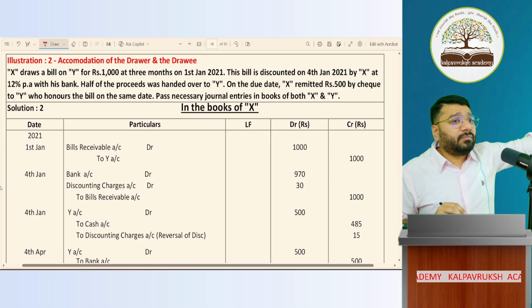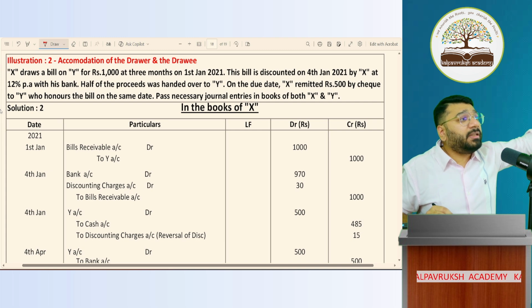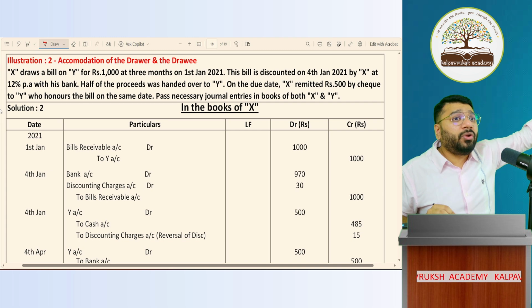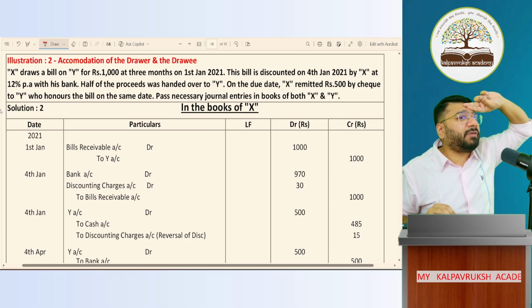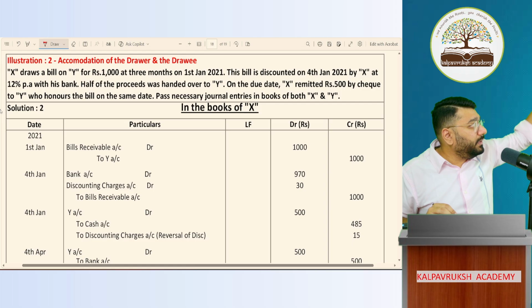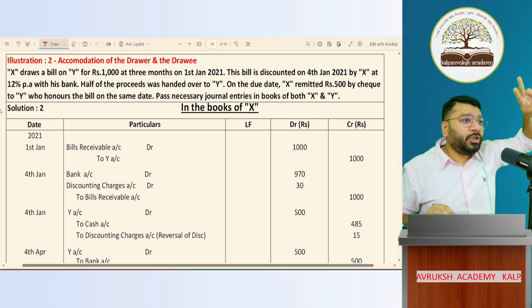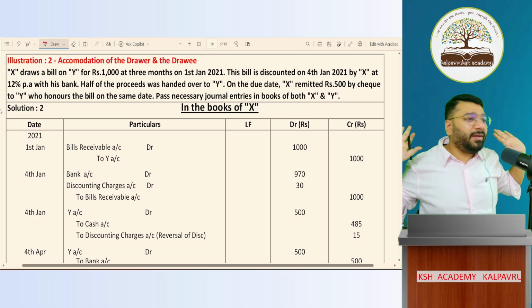Tricky question. If this is not clear, then the question that I'm going to do in the ICA module, you'll have a very tough time, because the question given in the ICA module is the next level toughest question. Let me complete illustration 2 and 3. You will think we got accommodation and everything is clear.